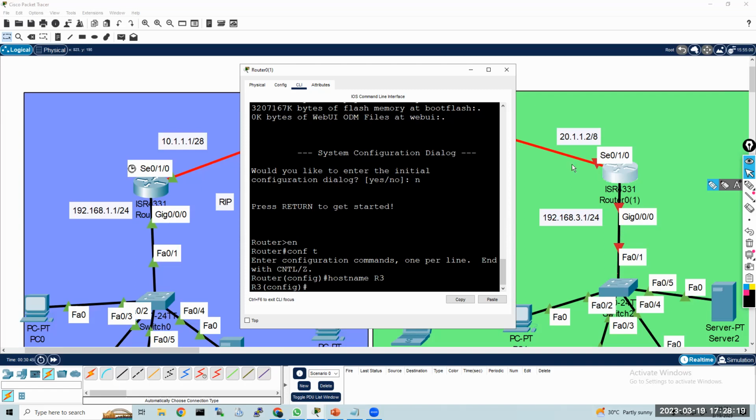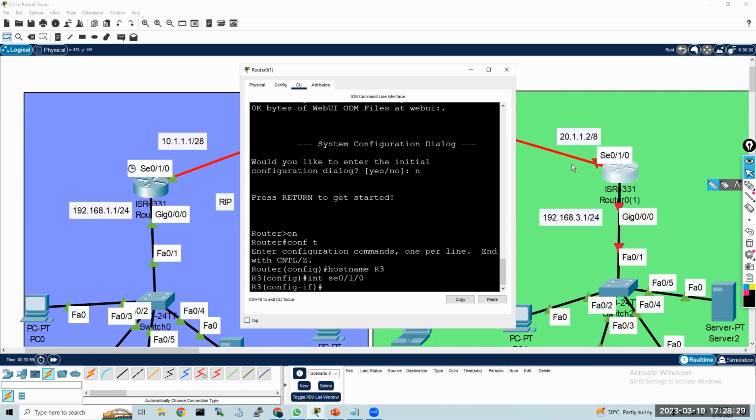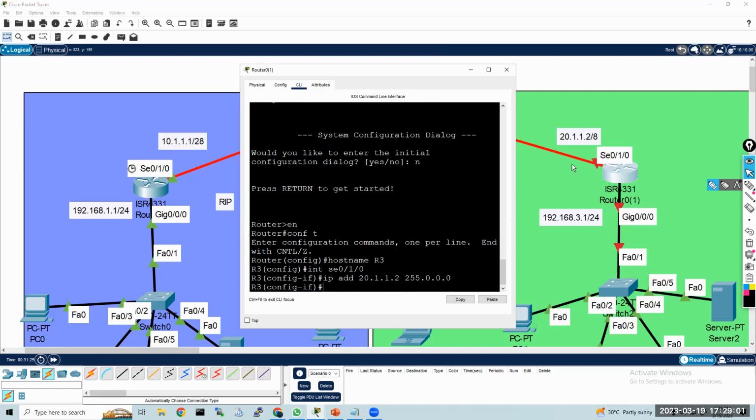R3, so interface SE010. Like that? Yes. We need to set a clock, or no, it was set from that other side, I think.